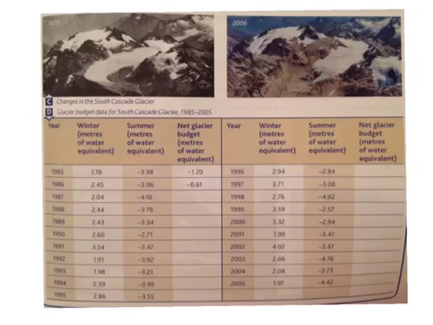Now if we look at this table here, although it's not completed, these columns down here, as part of the task in the textbook, we can see very quickly just by looking at the winter meters compared to the summer meters, and if this here is a higher number than that, then we know that we're in the net balance in terms of a negative. The glacier is retreating. So on this first one in 1985, 2.18 meters in the winter, minus 3.38 in the summer.